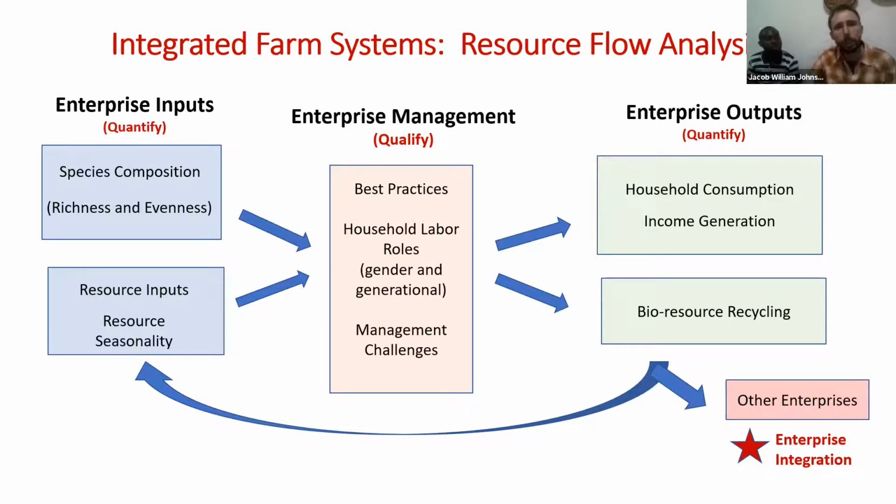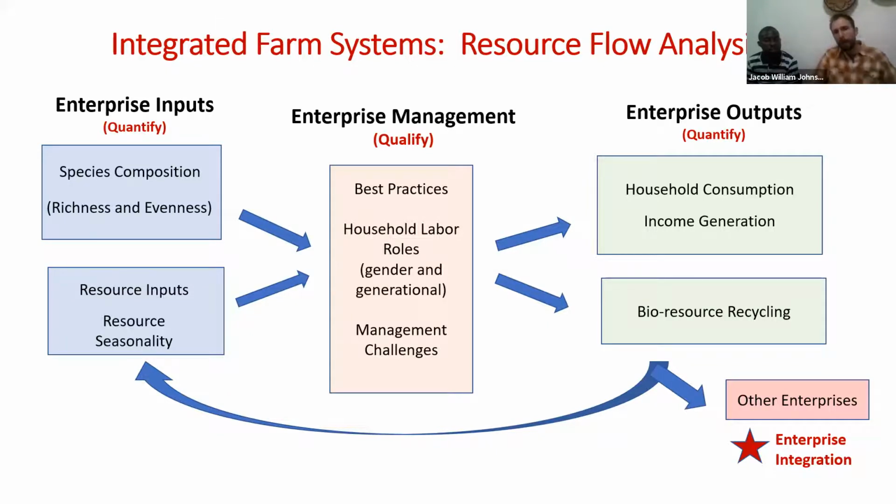Then we're going to ask more qualitative questions regarding enterprise management. So we're going to focus on best practices that are recommended for each enterprise. We're going to discuss the household labor roles that are assigned to gender and generational groupings within the household. And then, like I said, we're going to discuss the management challenges that farmers face in each enterprise.